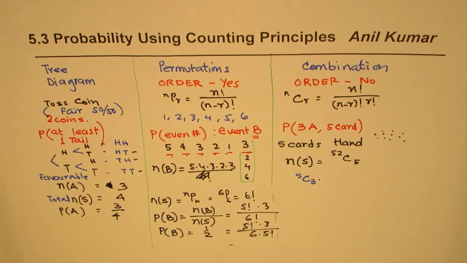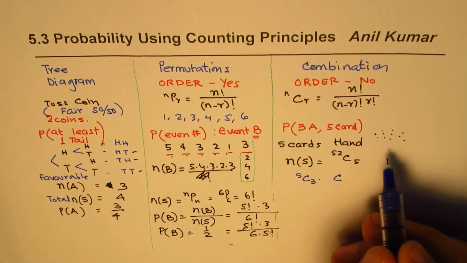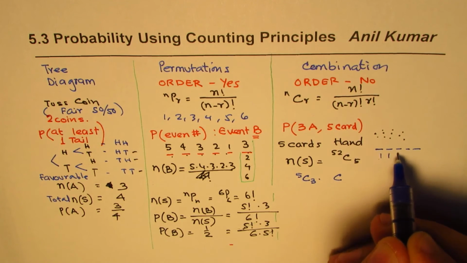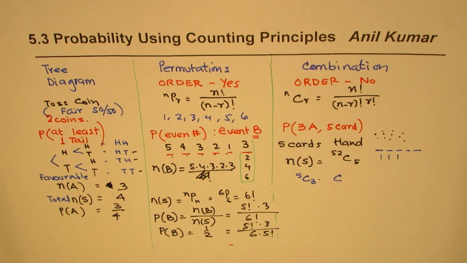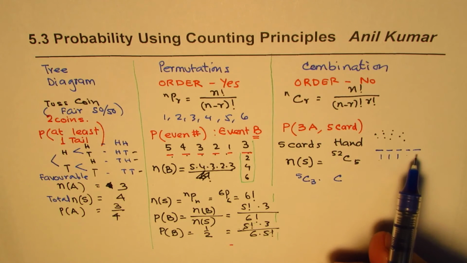They are not the three aces we're talking about. So we have a combination of selecting three aces out of five, but we have to select two more cards since we have a hand of five: 1, 2, 3, 4, 5. We already selected three aces. The combination is 5C3.